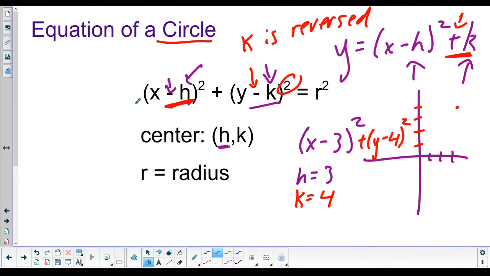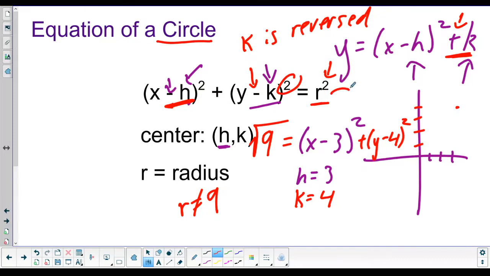All right. This is the thing that makes the circle, equals our radius squared. The most important thing to remember is that this is the radius squared, not just the radius. So if you see something like equals 9, our radius is not 9. It's whatever the square root of that number is. This is the radius squared, so they've squared whatever your radius is.